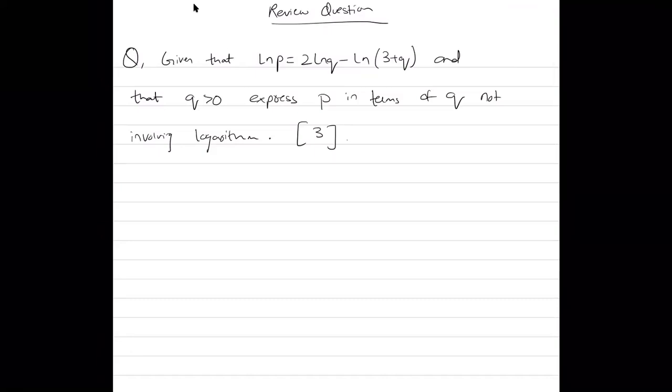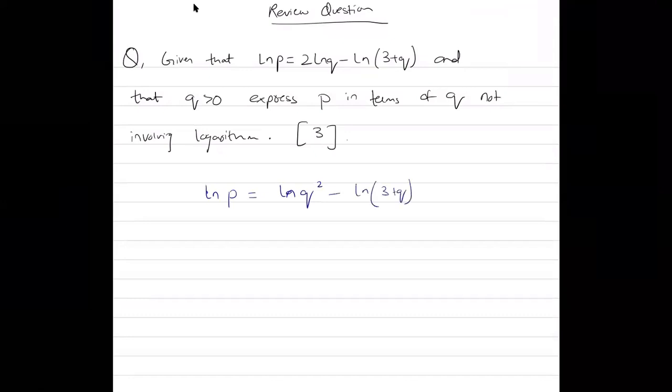See, this is how you should be dealing with it. First of all, you are going to write ln q square. The number 2 is going to go up and multiply, raised as power of q. So ln p is going to be ln q square minus ln (3 plus q).